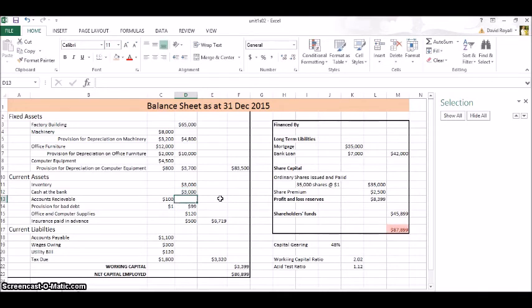Bringing the cash down to 3,000, but the inventory up to 4,000. Now the working capital ratio stays the same, because the working capital ratio includes inventory. But the acid test ratio has come down a little. But still, these figures are looking quite good.